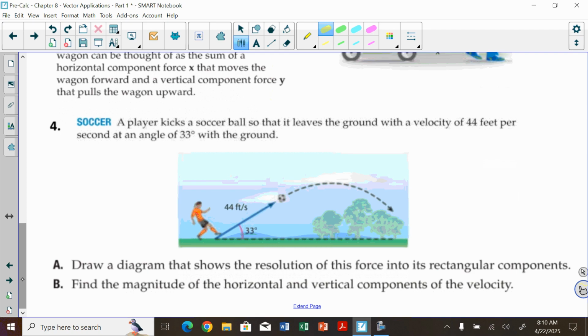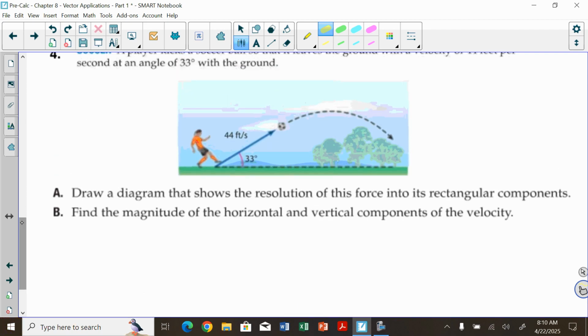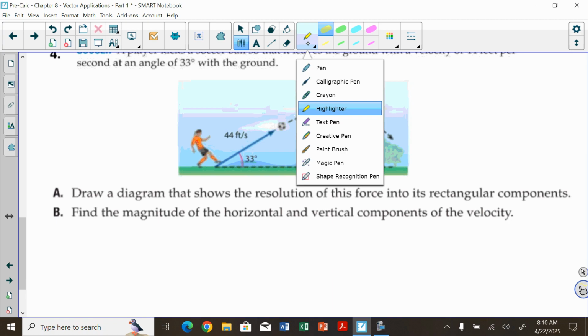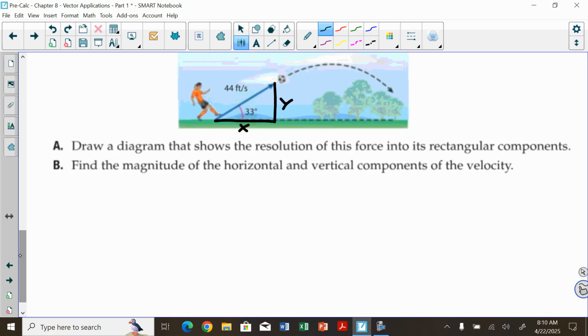So if we look at the soccer ball example here, you get the 44 foot vector, but I could say that this has the upward force and this is the horizontal force. So I could have my X and Y there, right? Simple as that. So for this one, draw a diagram that shows the resolution of this force into rectangular components.